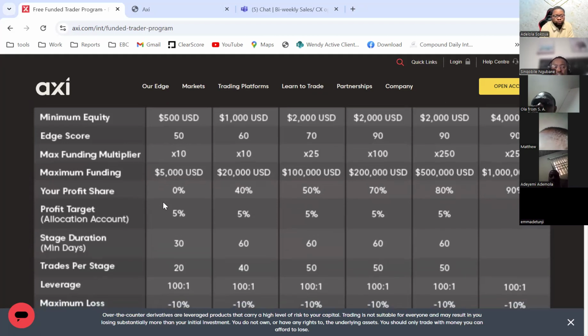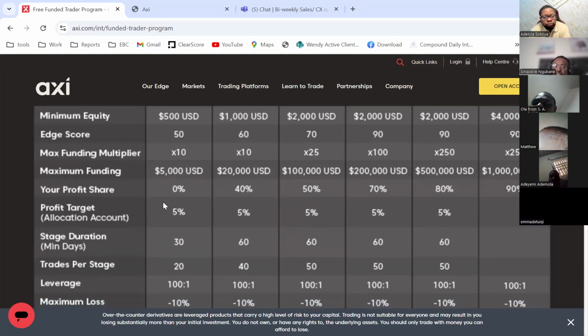Your trades on your AXI Select account will continue because that's your own trading account. However, the allocation account will be put on pause. We have what you call quarantine. For 2 weeks, you won't be able to rejoin AXI Select. Then after 2 weeks, you can rejoin.